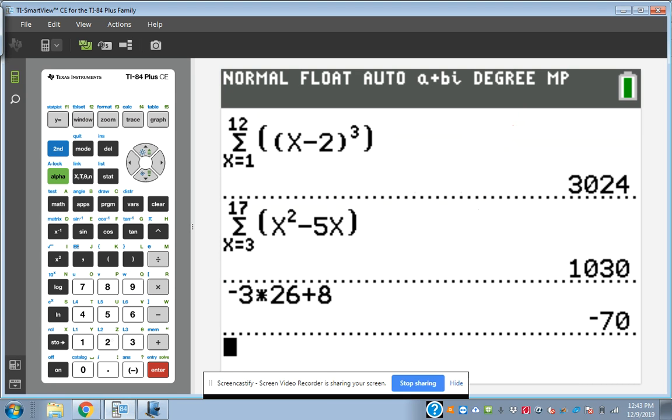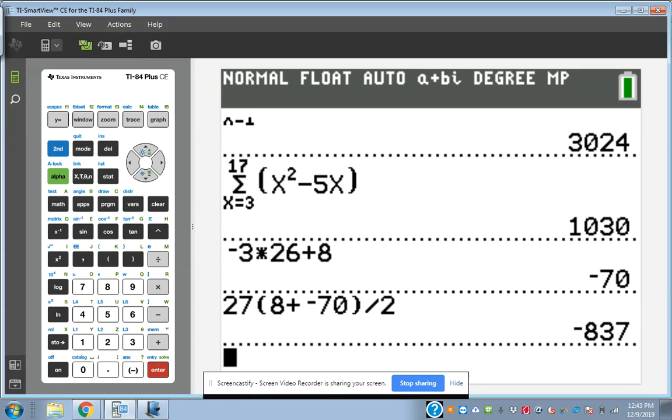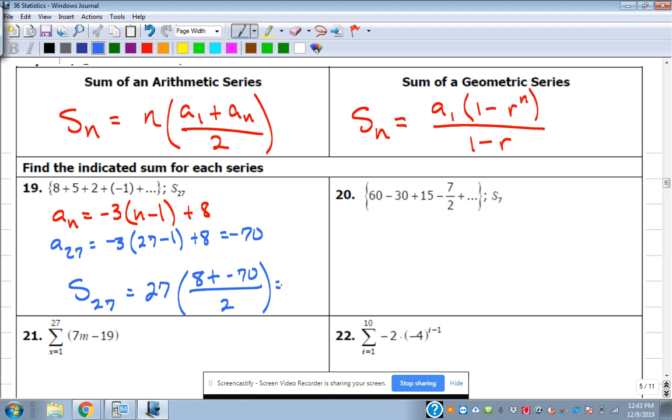I'm going to use a calculator to help me out here. 27 parentheses 8 plus negative 70, divided by 2. Negative 837. That's the sum of the first 27 terms of that sequence.